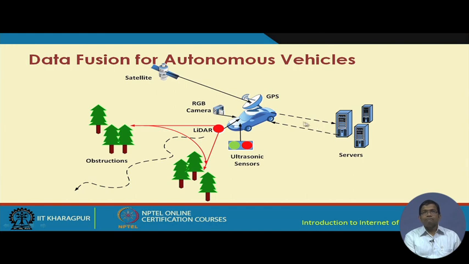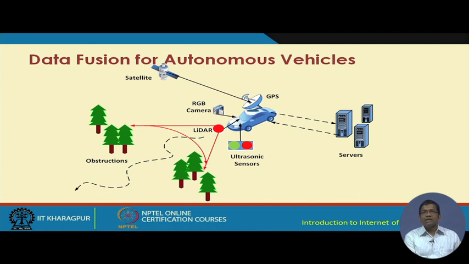Now, individually these data do not make much sense and are of limited help, but can they be fused together so that the autonomous car can make decisions about how it is going to proceed, or whether it is going to turn left or right, or what it is going to do.